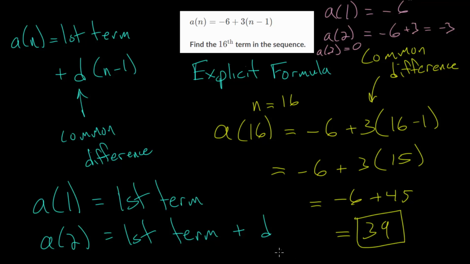And you can see the pattern, that it starts at minus 6, then goes to minus 3, then 0. But you're just adding 3 every time. So 3, 6, 9, and so on. And you can figure out for when n is 16 that you get up to 39. And this can be a little bit tedious, but at the same time, you can directly check these.